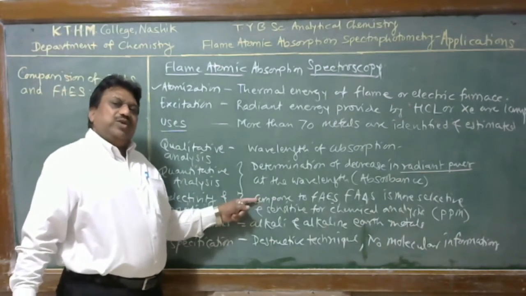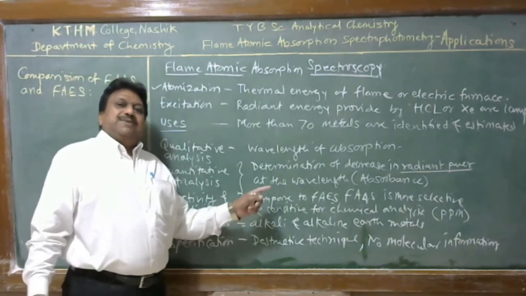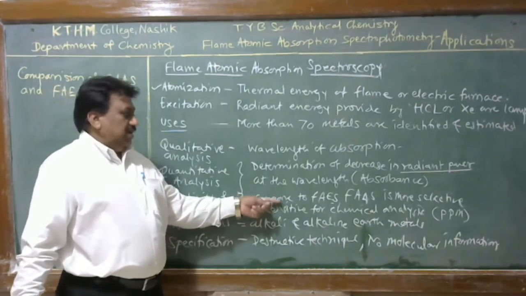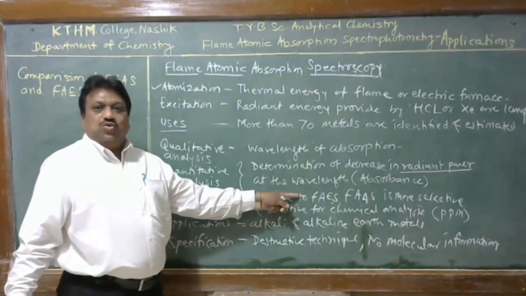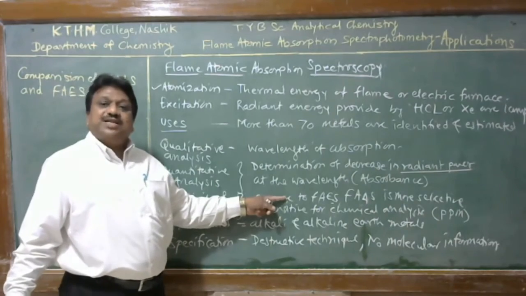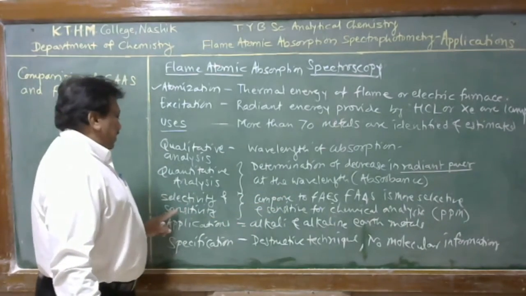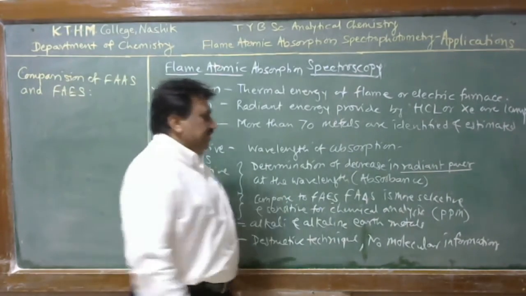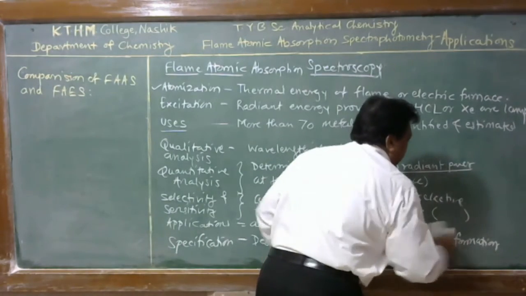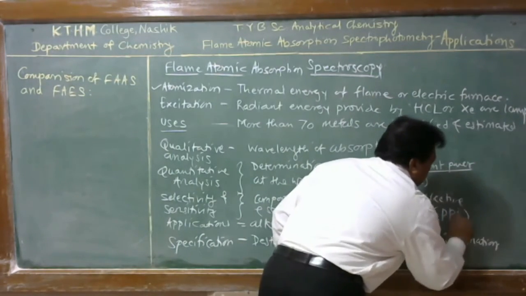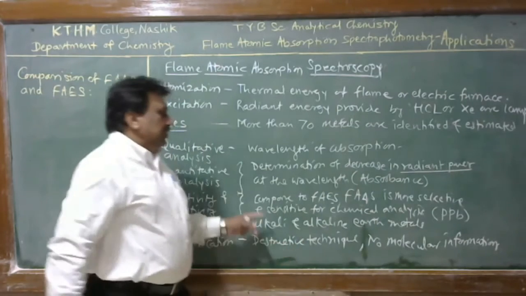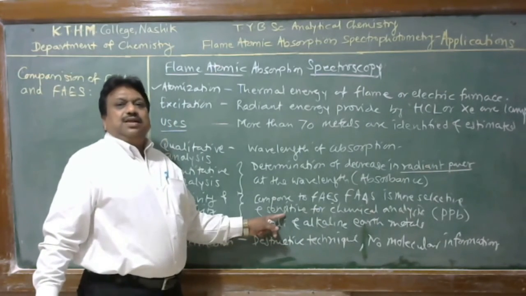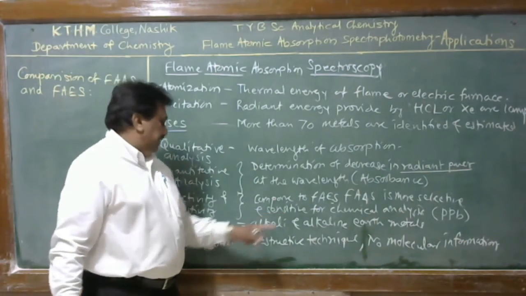By using a hollow cathode lamp, we can determine a specific element in the presence of others. Therefore, it is free from spectral interference. As for sensitivity, it can measure analyte concentration up to the ppb level, so it has more sensitivity.